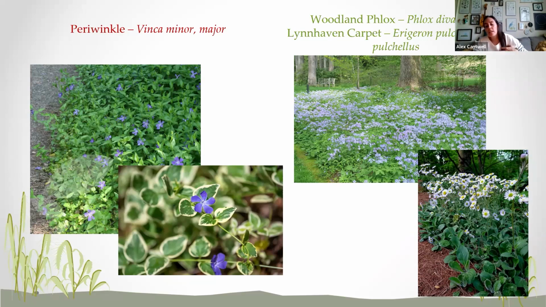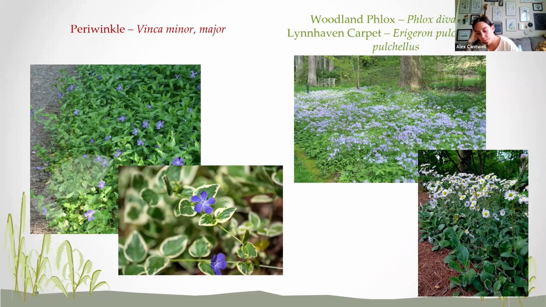Another great one that I like that actually can tolerate full sun and into full shade. This is actually native to Virginia Beach. This is Erigeron, or Lynnhaven Carpet. Along the Lynnhaven River is where this cultivar or variety was discovered. And this is indestructible. I have transplanted this in the dead of summer with full sun, and it looked really bad for 2 days and it bounced right back.